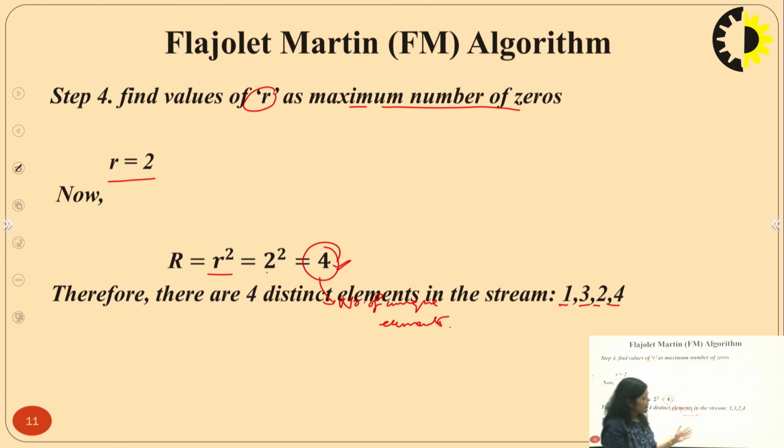Here in this case I have written it as 1, 3, 2, 4, which is exactly the sequence in which these unique elements have appeared in the given stream. Sometimes you can write it like 1, 2, 3, 4, but to maintain the sequence in which we have encountered these unique elements as per the stream sequence, it is 1, after that 3, then 2, then 4.